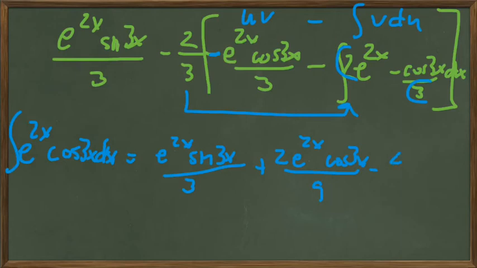So minus 4 ninths the integral of e to the 2x cosine 3x dx.